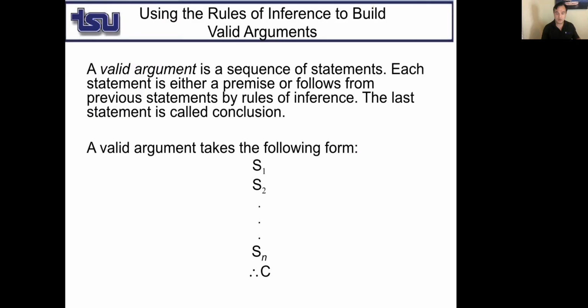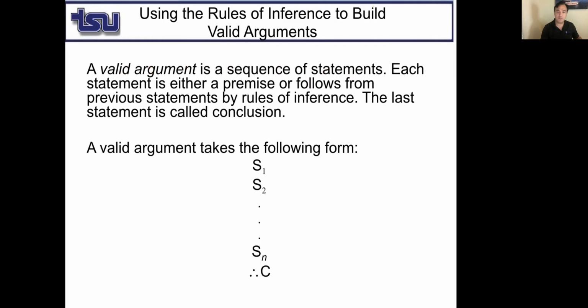Modus tollens, hypothetical syllogism, disjunctive syllogism, and addition, simplification, resolution, and so on. So we have to be very familiar with that. Initially, we said that we have arguments. They consist of a sequence of propositions, right? Actually, a valid argument is a sequence of statements, okay?